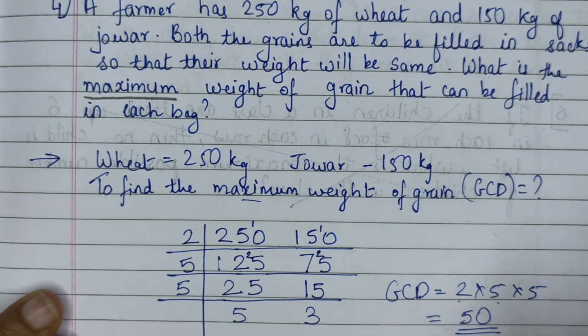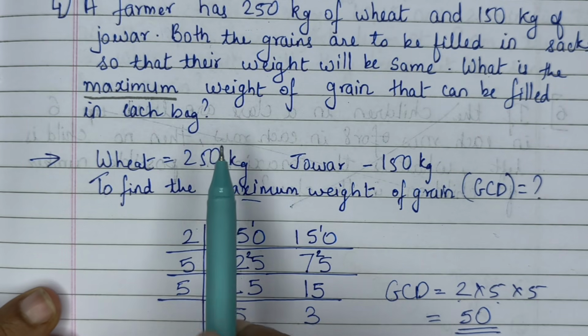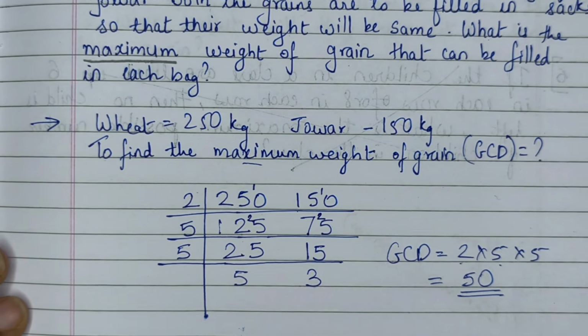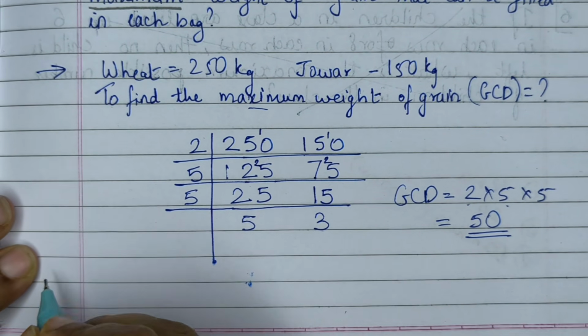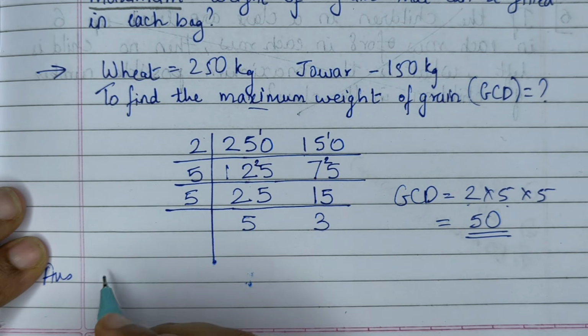See the question. What is the maximum weight of grain that can be filled in each bag? It is necessary to write the final statement. Since this is a word problem, you have to write the final statement. So answer. What was the question? What is the maximum weight of grain?